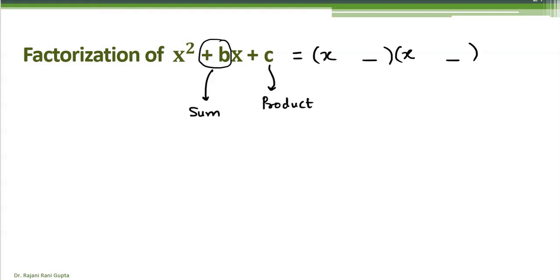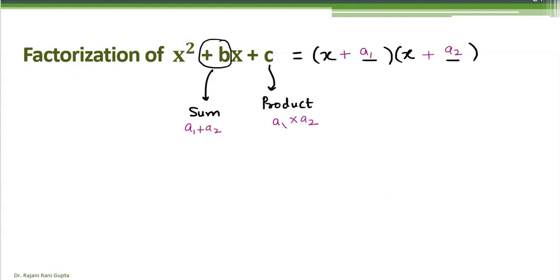For instance, if I say here it is plus a1 and plus a2, then a1 and a2 are such that if I multiply them I'll get c, and if I add them I will get b.